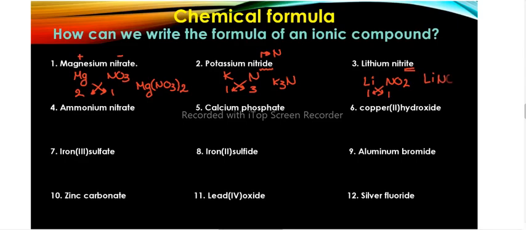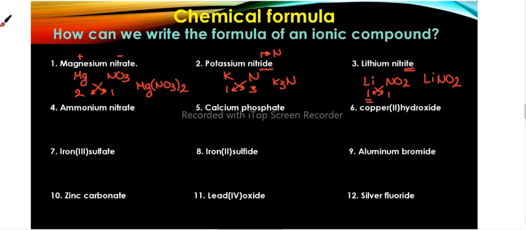In this situation, the NO2 is multiplied by 1. Since it is multiplied by 1, there is no need to put brackets. So anytime the polyatomic ion, which is more than one atom, is multiplied by a number which is larger than 1, you will use brackets.